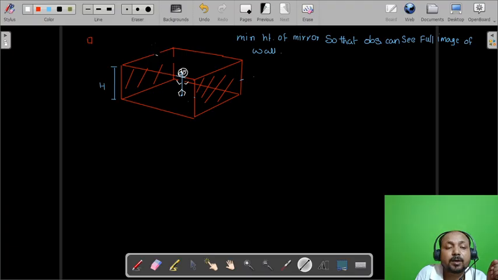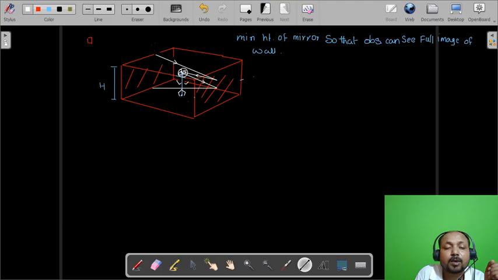Okay, so let's draw the ray diagram. Let's say the ray is like this, incident and reflected into the eyes of the observer. Similarly, from the bottom of the wall, the ray should be incident and enter the eyes of the observer.